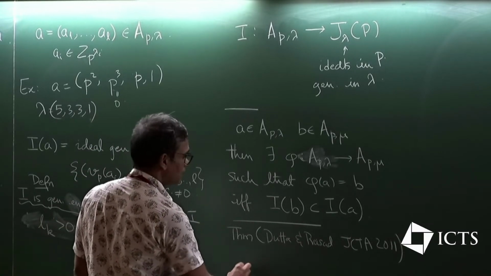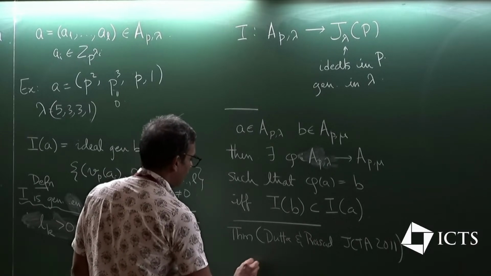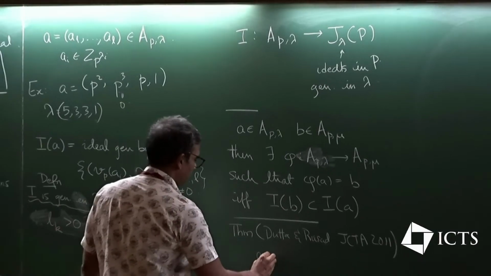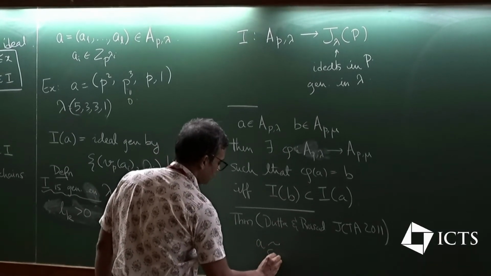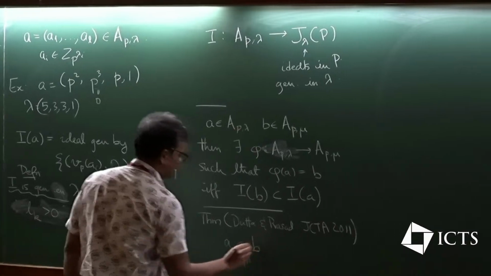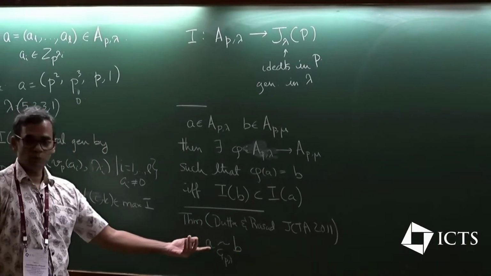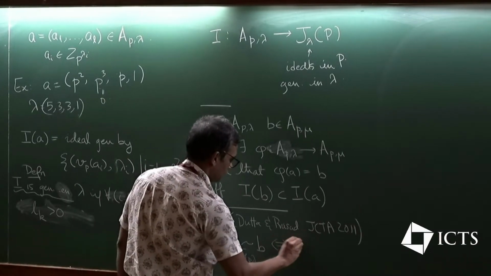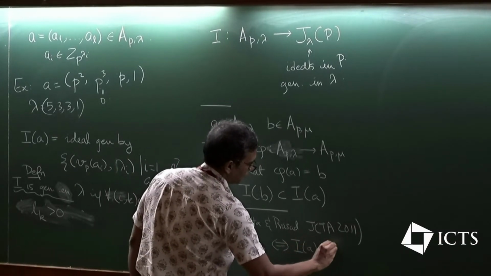So what's the theorem? A and B lie in the same G_p(lambda) orbit. That is, there's an automorphism that takes A to B if and only if I_A is equal to I_B.